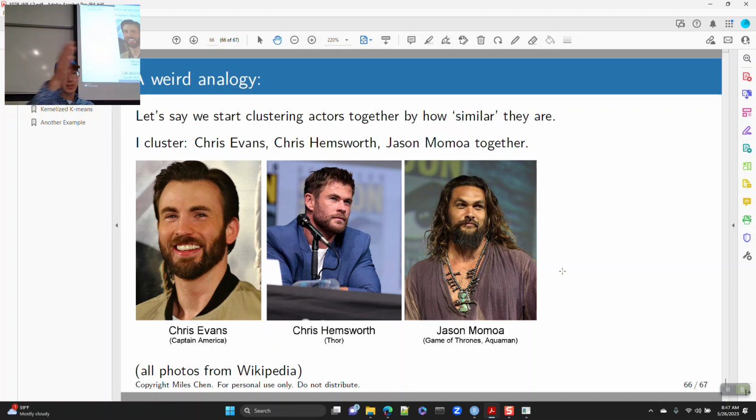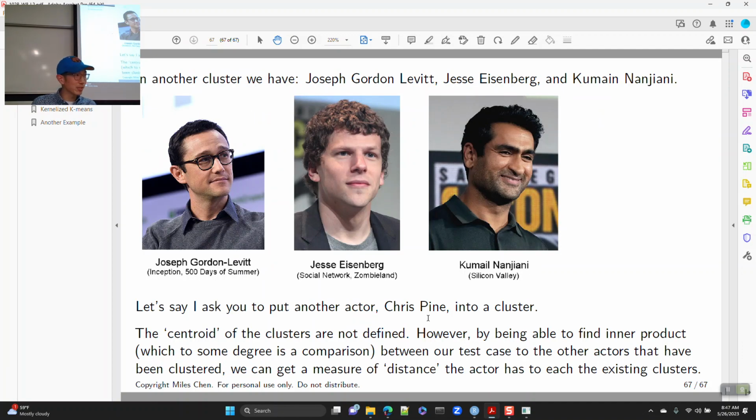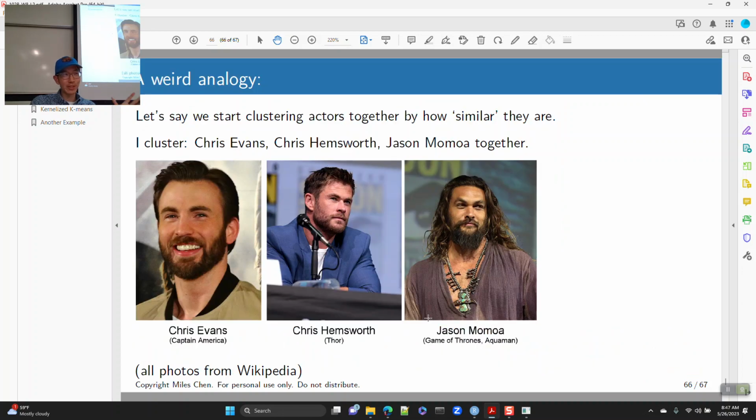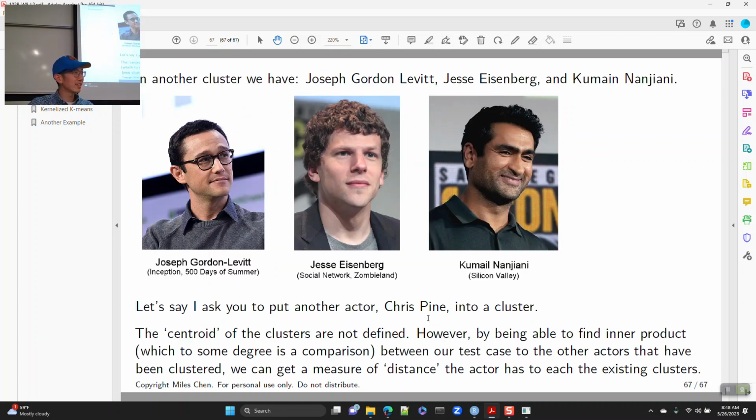We know these 3 belong to a cluster together, and these 3 belong to a cluster together. Because you're more similar to the 3 in this cluster, you're going to get clustered with them. I don't know if that makes sense in terms of how we're calculating distances without calculating the centroids themselves.